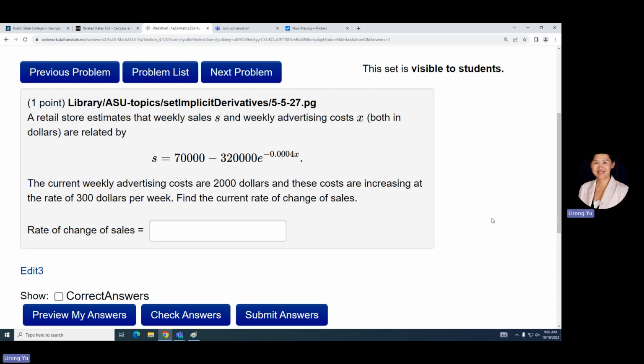If we have higher costs, we should have higher sale. Rate of change of sales: the current weekly advertising cost is $2,000, which means x equals $2,000. These costs are increasing at the rate of $300 per week. Find the current rate of change of the sales.